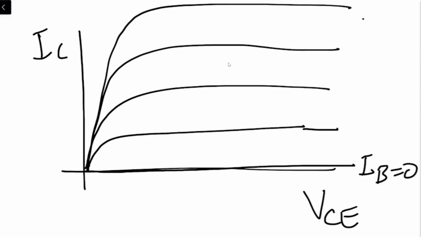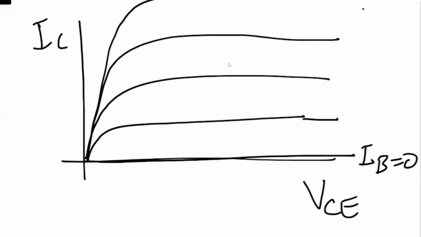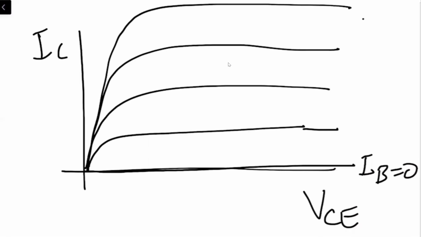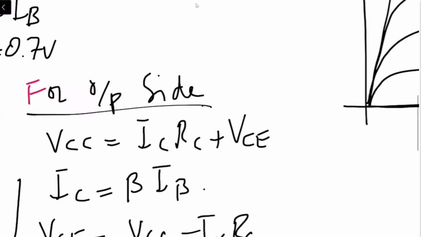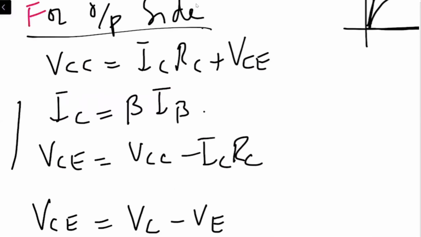Now from the equation, if you see, we have the equation for the output side, which we have just shown over here, that VCC is equal to ICRC plus VCE, or VCE is equal to VCC minus ICRC. Now we also know that IC is equal to beta times IB as well.